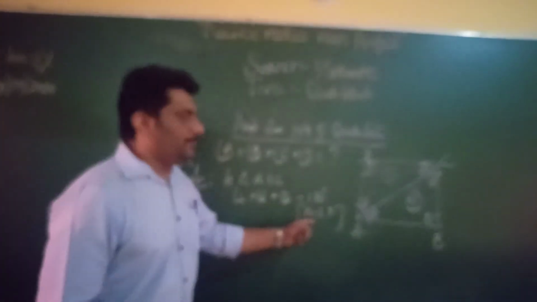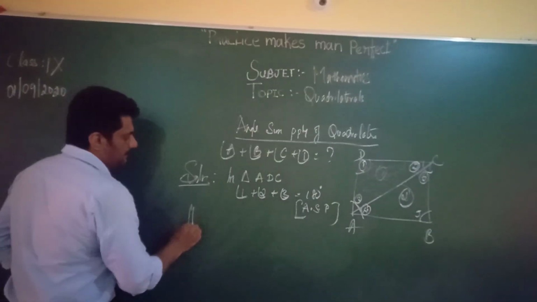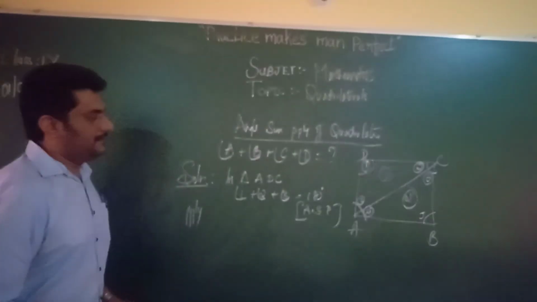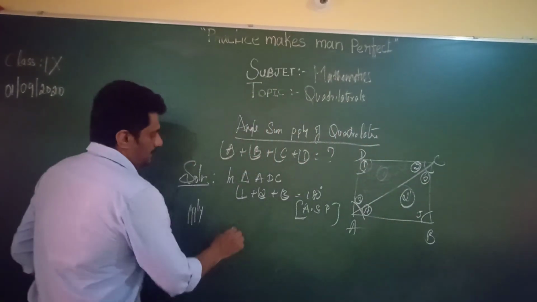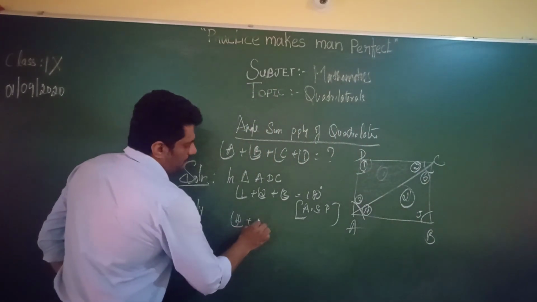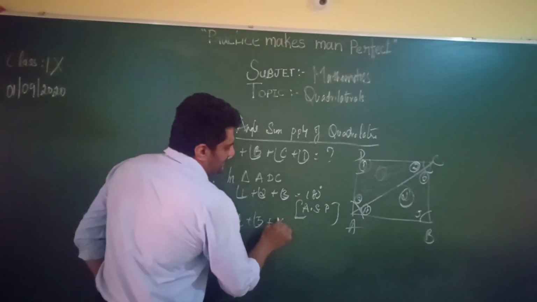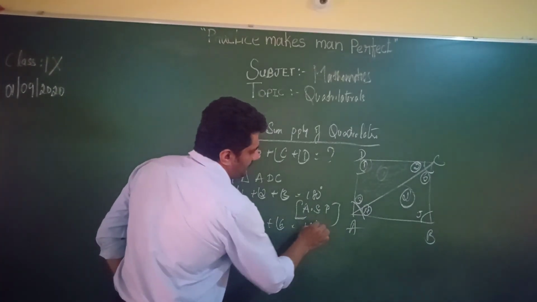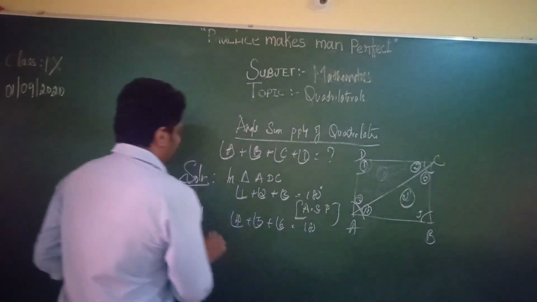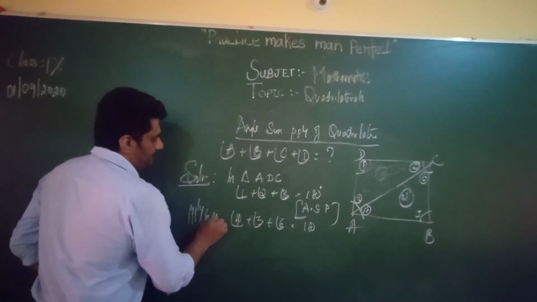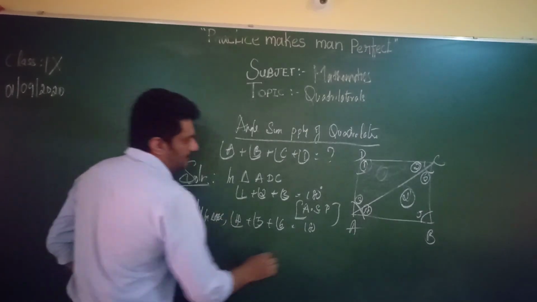Similarly, angle 4 plus angle 5 plus angle 6 is 180 degree. In which triangle? ABC.